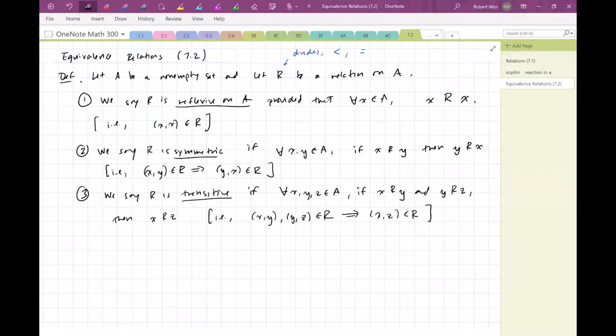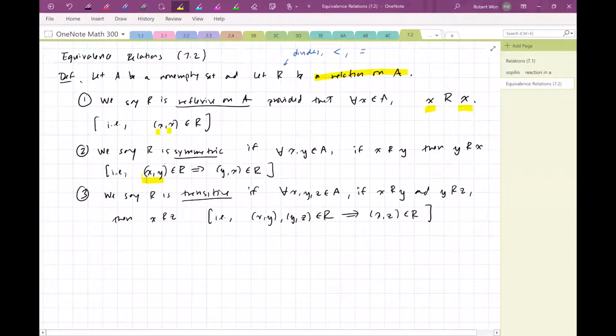Did I have a comment here that I'm forgetting? Oh, sure. Notice that all of these definitions only make sense for a relation on A. None of these would make sense for a relation from A to B, because if R were a relation from A to B, where A is not equal to B, then you couldn't put x on both sides of the relation unless x were in both A and B. The ordered pair has to be something from A and something from B. Same thing with symmetry.